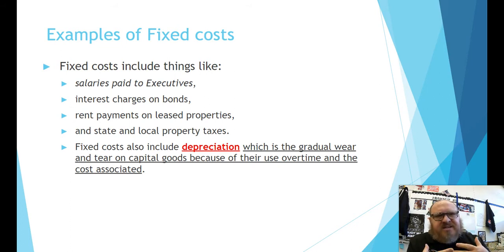So anything that has to be repaired regularly, have maintenance work done to it regularly, or has to be replaced every so often depreciates. And those are fixed costs because you know roughly when those are going to come up. You know when the maintenance needs to be done. You know how often you need to replace certain parts. So that's why those are considered fixed costs.